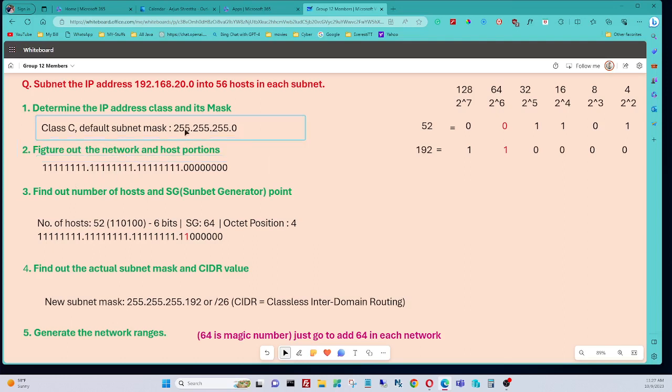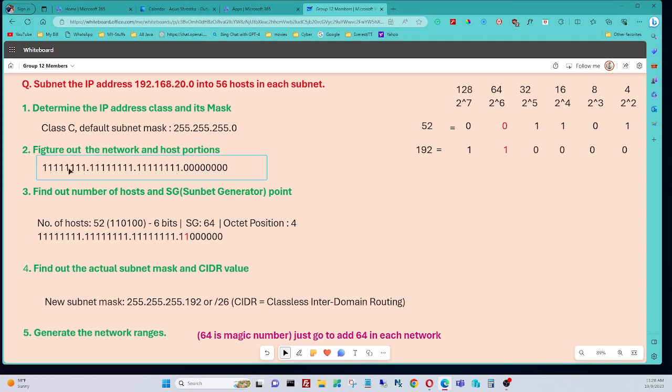Here I'm converting this from decimal to binary. We know that 255 means 11111111, which is eight 1s. So we can write it this way.